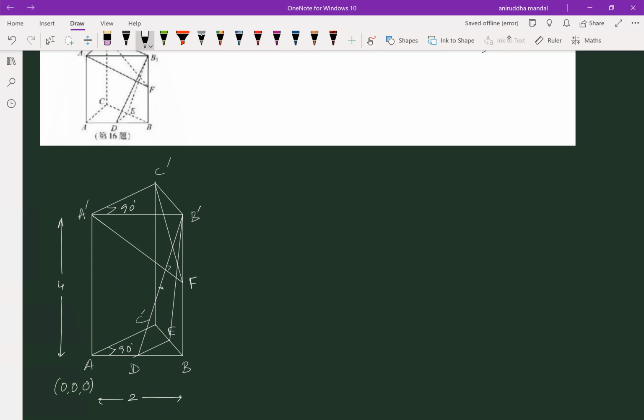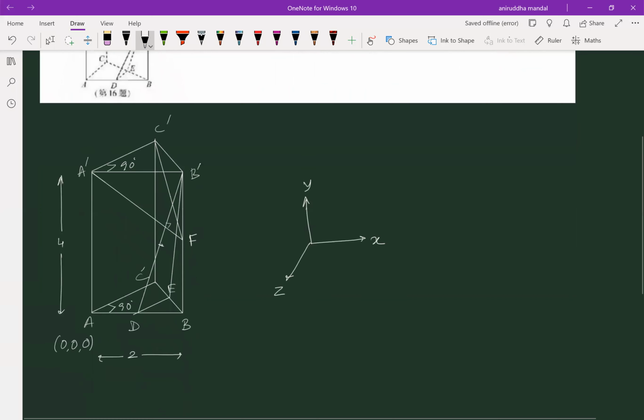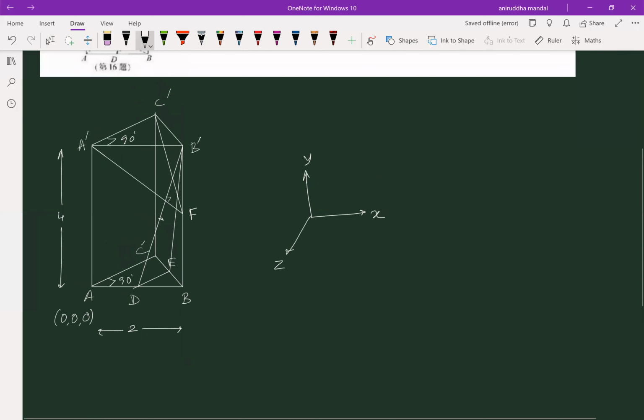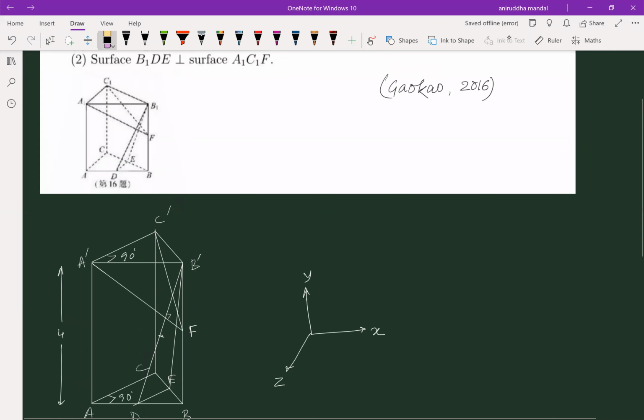Based on all this information we will figure out all the other points. Another assumption is, let's say this is the x axis, this is the y axis, and this is the z axis. Now let us first draw this. This is C.